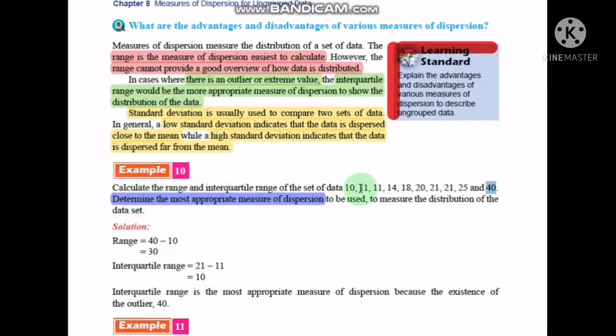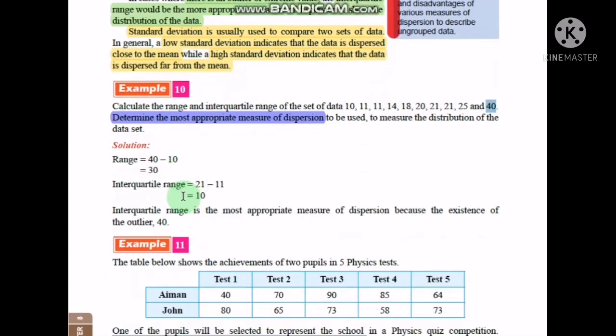But if there is an outlier or extreme value, it means that the interquartile range would be the more appropriate measure of dispersion. So in example 10, you need to calculate first the range and the interquartile range based on the formulas that you already learned in your previous lesson. But now let's focus on determining the most appropriate measure of dispersion.